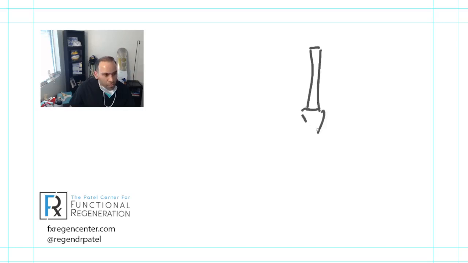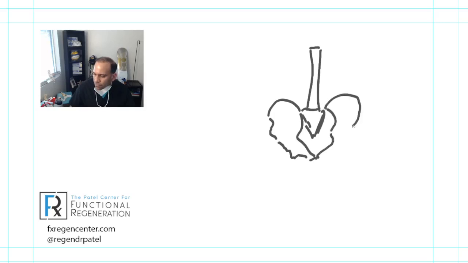Here is your sacrum down here, which is kind of like a triangle. And then you have your pelvis that sits here. And then you have your lower leg bone, which is called the femur, that goes to this kind of ball over here. Now, this is as if we're looking straight at your pelvis over here.